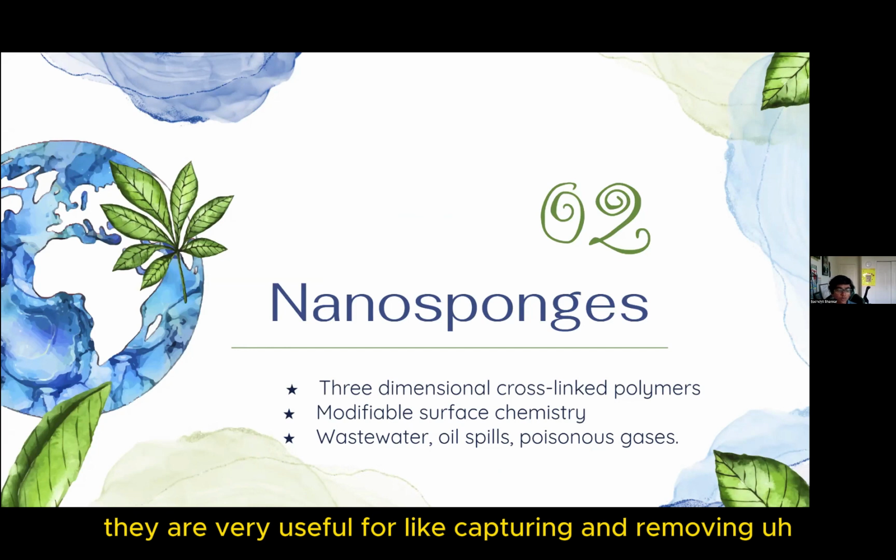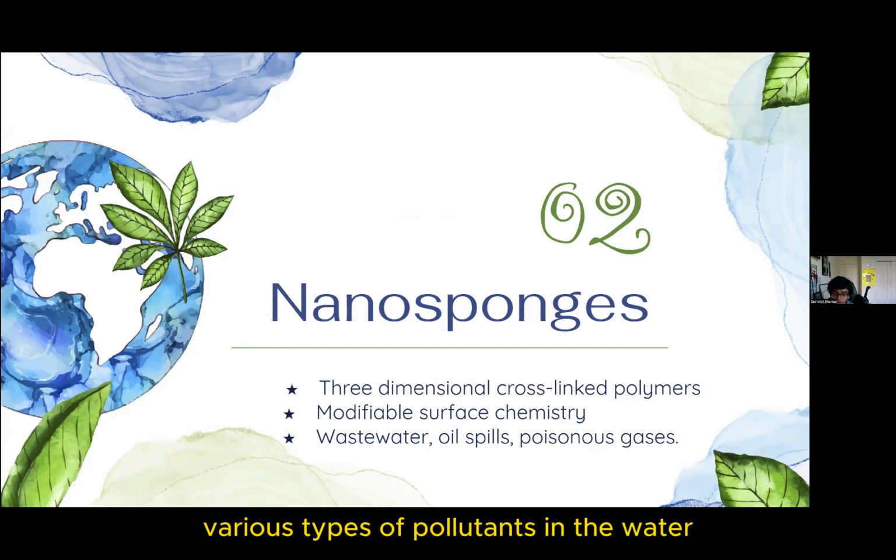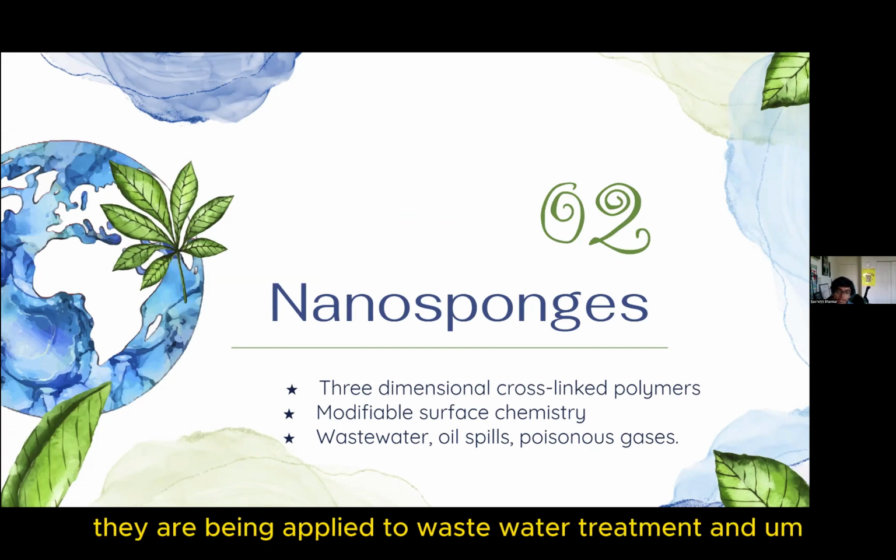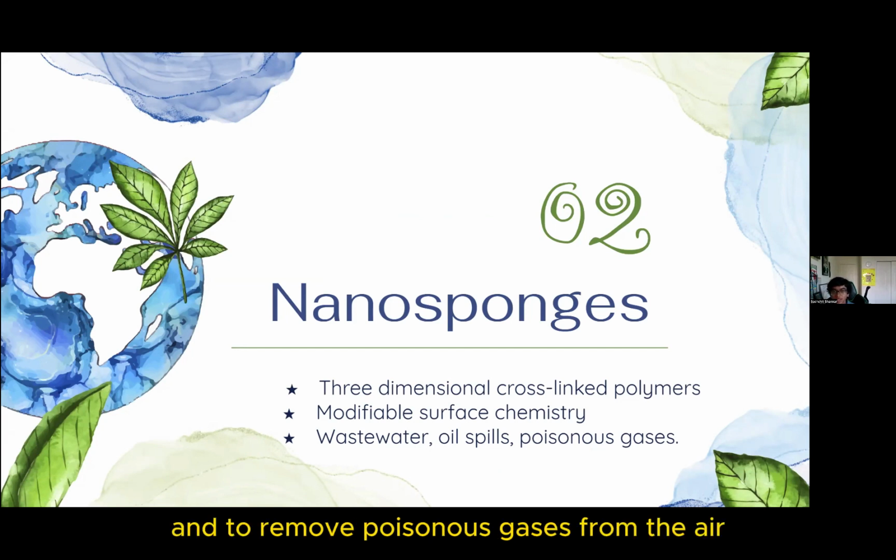They're very useful for capturing and removing various types of pollutants in the water, air, and soil. And currently they are being applied to wastewater treatment and oil spill restoration and to remove poisonous gases from the air. And I think nanosponges for environmental remediation are in general a more effective solution than other types of nanotechnology.